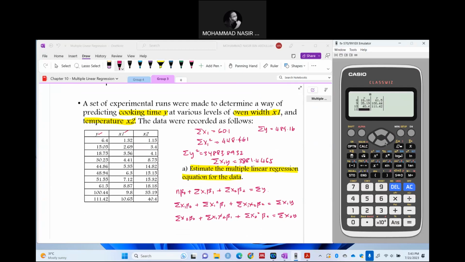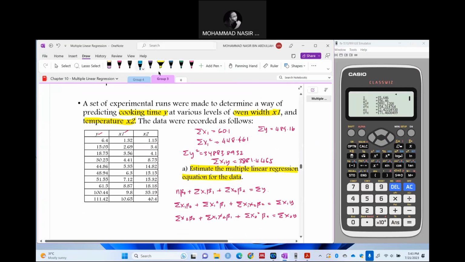Betul? This is 115. And then collect the data. So now we want to have summation of x2 equal to 156.46.